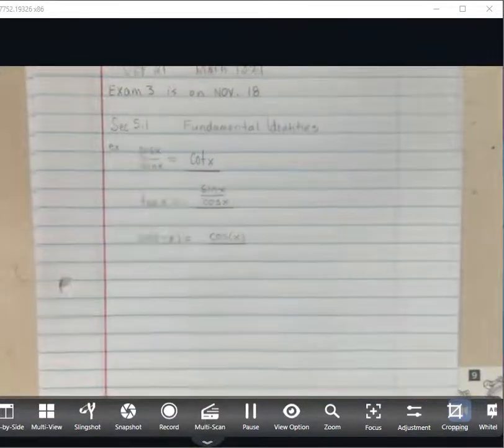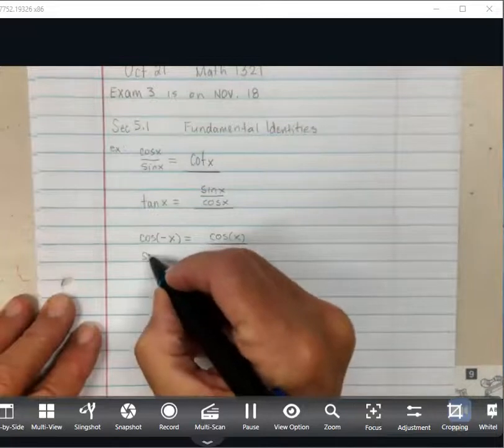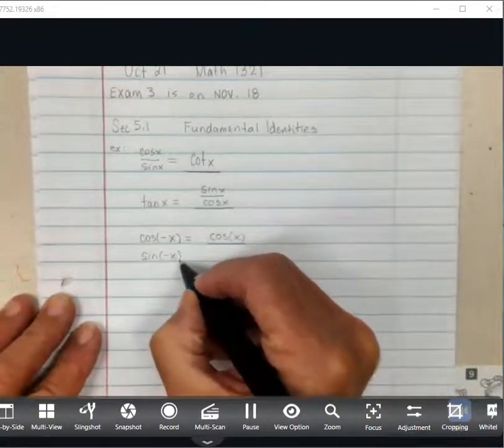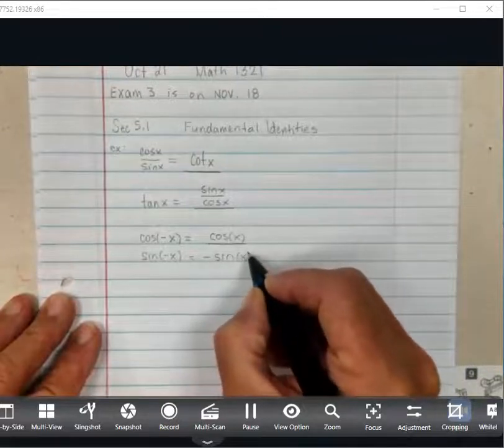Now, how does the sine of minus pi over 4 compare to the sine of pi over 4? They're opposite in sign, aren't they? So that's the odd function identity, that the sine of minus x is minus sine of x.